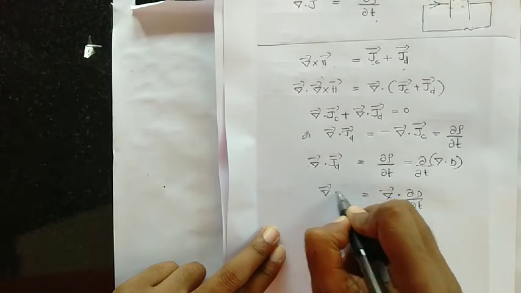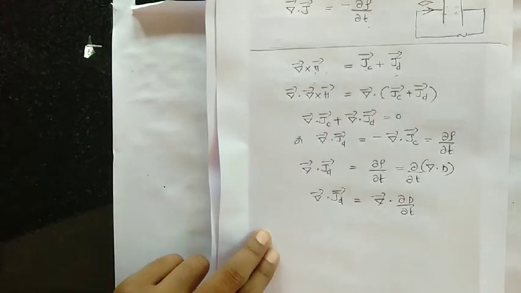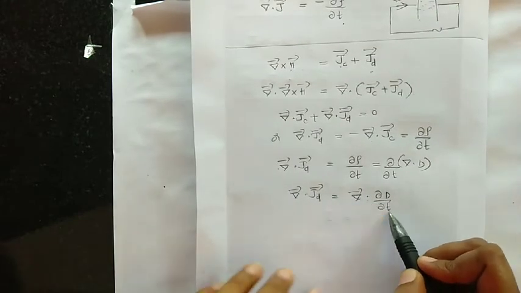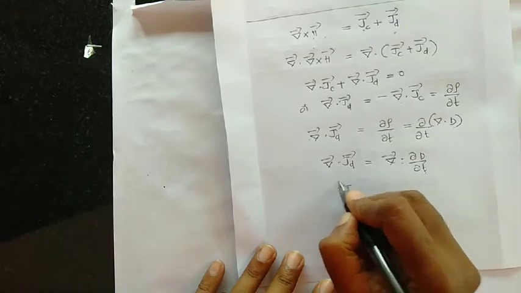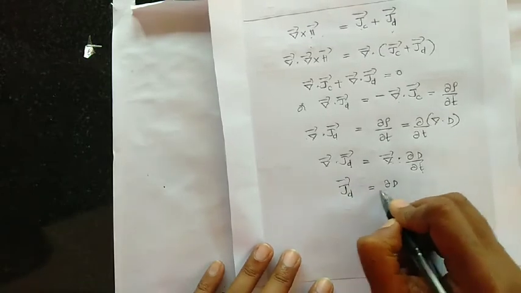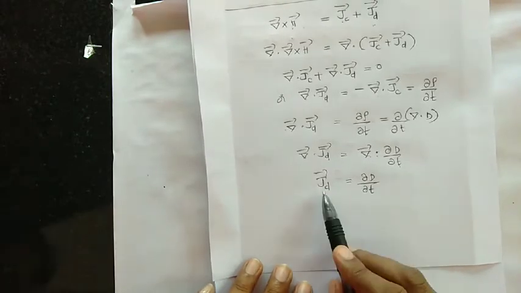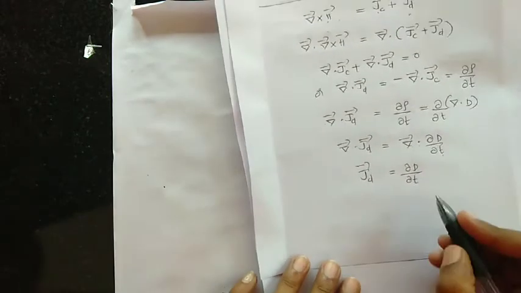The left side is del dot JD. If del dot JD is equal to del dot dou D by dou t, that means JD, the displacement current density, is equal to dou D by dou t.